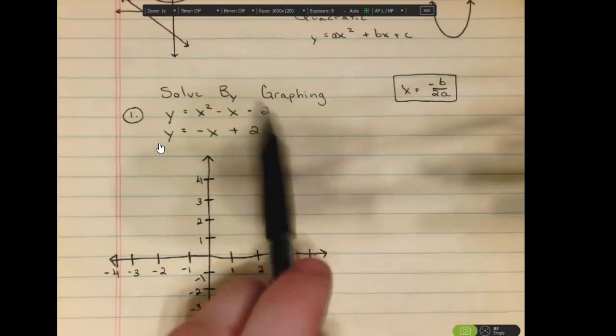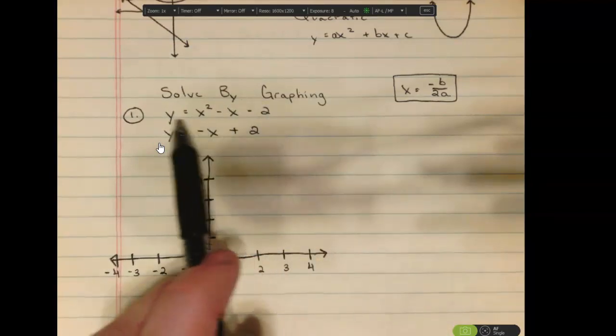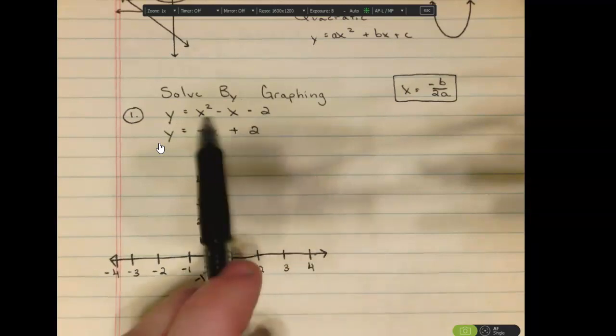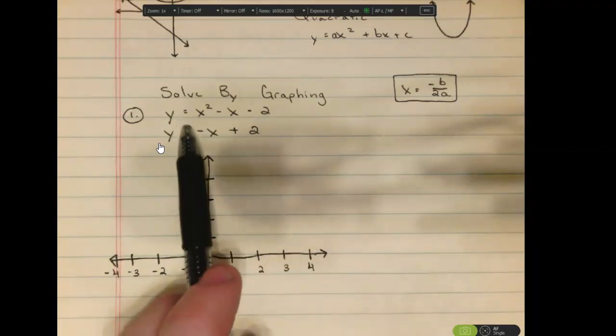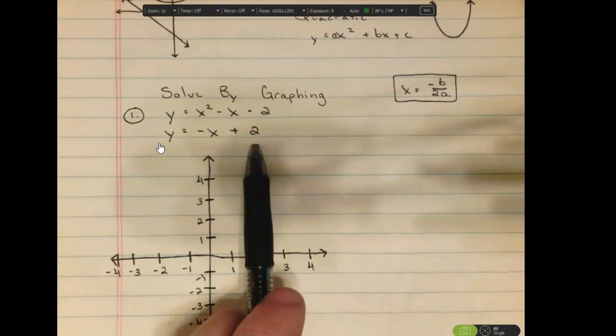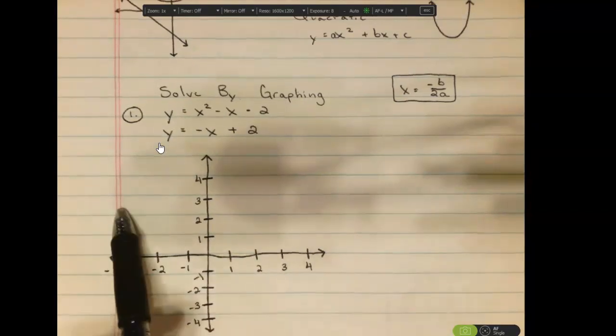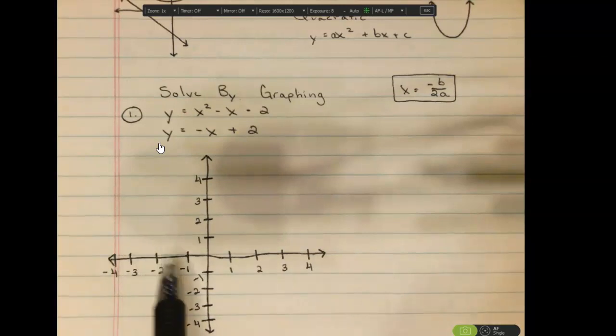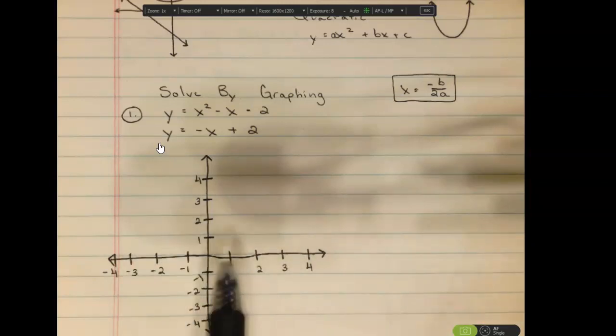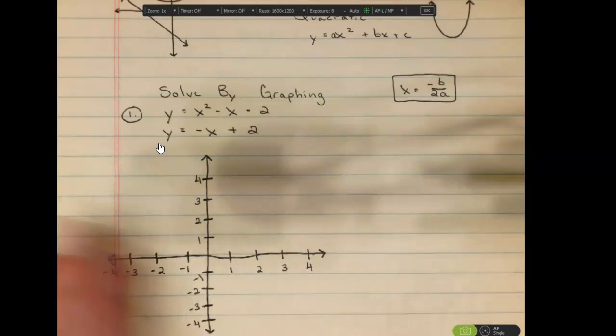I'm going to take my y equals for my quadratic equation and my y equals for my linear equation and simply graph those on an xy coordinate plane. I'm going to find where they meet, whether I have two solutions, one solution, or no solutions, and then list those solutions off.